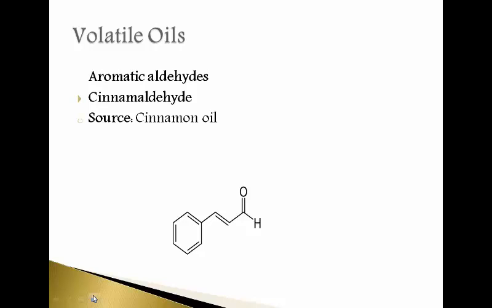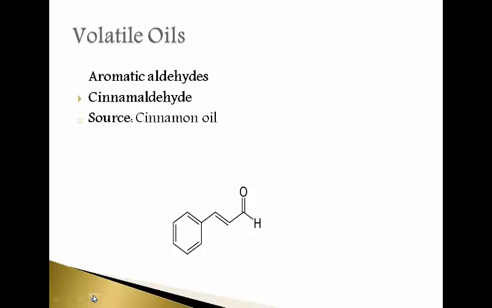As I told you in the biosynthesis lecture, when we were discussing the chemistry of volatile oils, two basic classes of volatile constituents are terpene and phenylpropenoid compounds. The phenylpropenoid compound comes from the shikimic acid pathway.